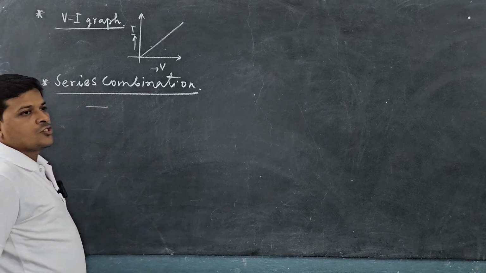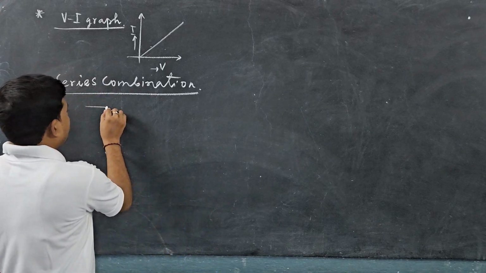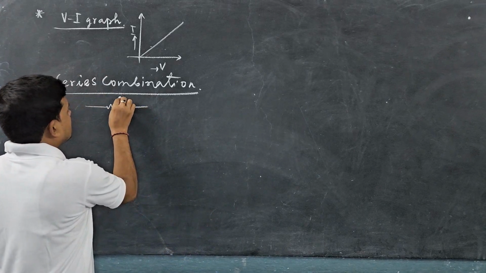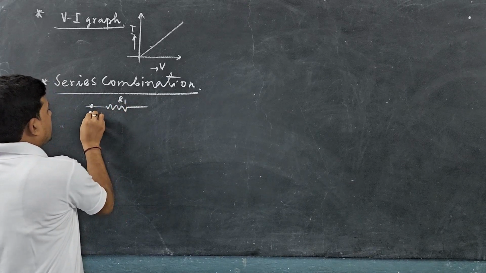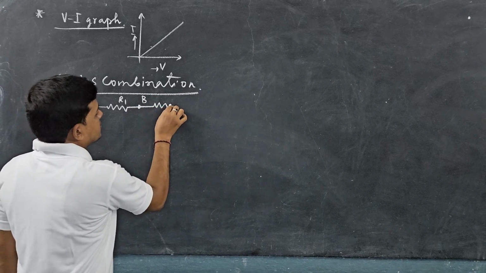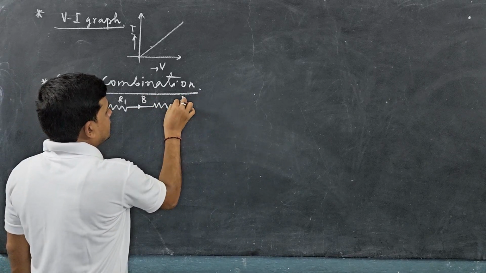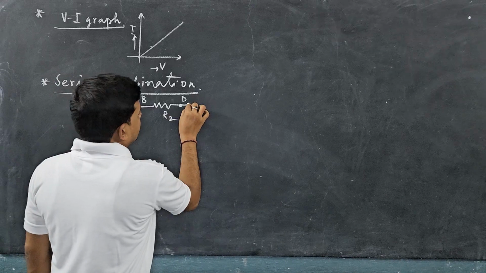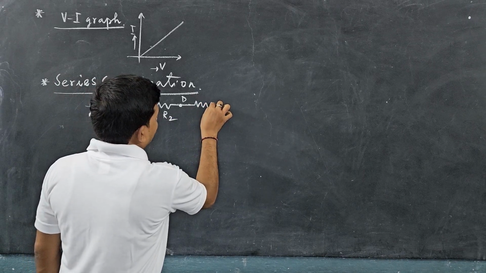If we consider the series combination of the resistors, then this is one resistor, that is R1. This is the starting point A, and this is the end point B of R1. Now another resistor is connected across B and D, that is R2, and then another resistor is connected one by one.